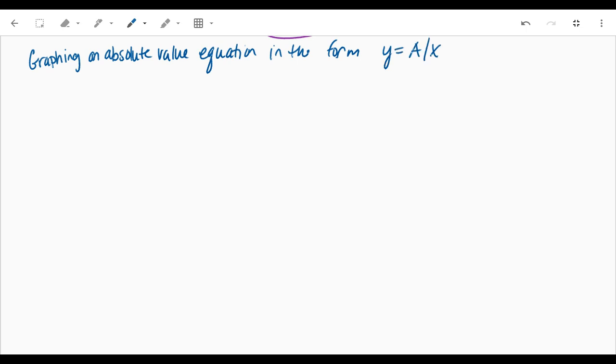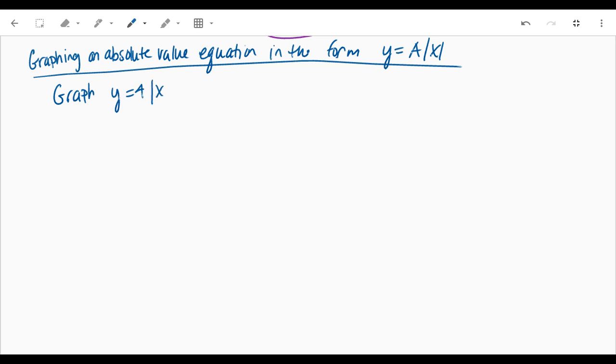It was one of your function transformations. We're going to graph y equals 4 times the absolute value of x.